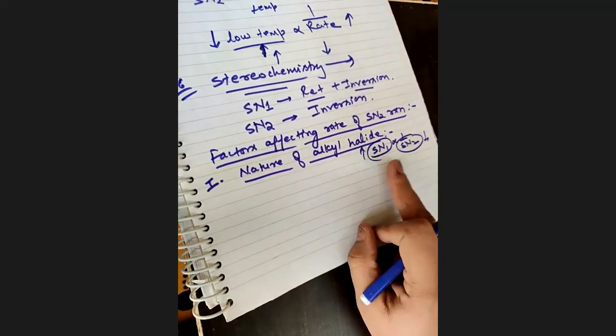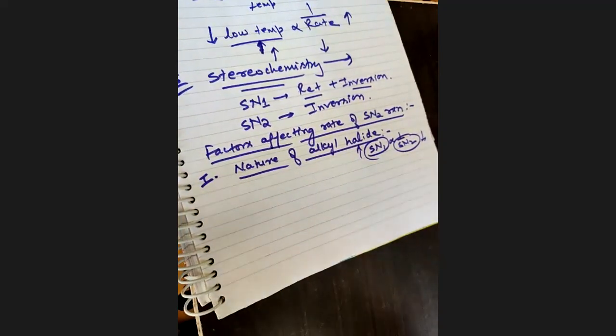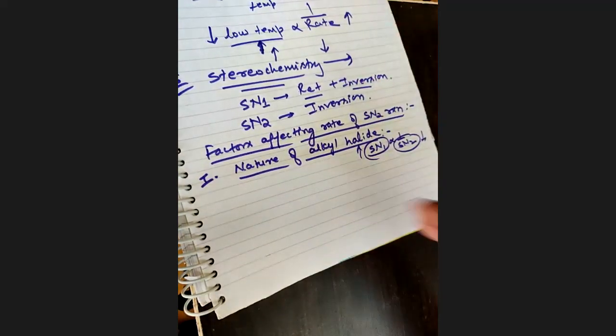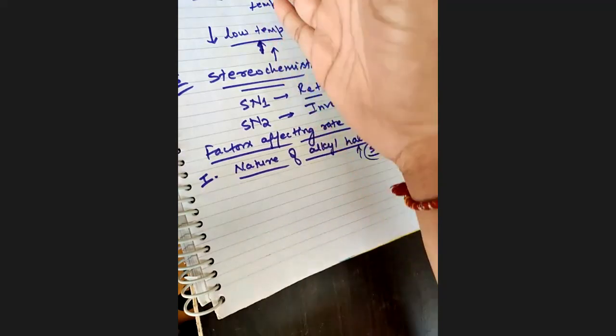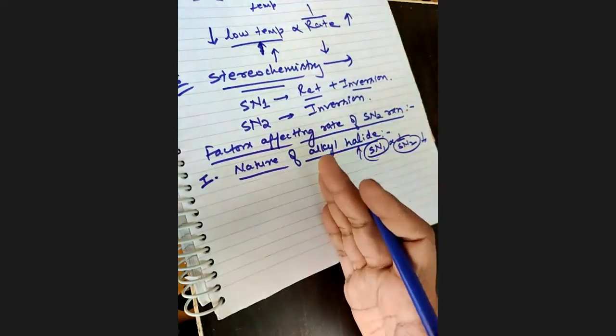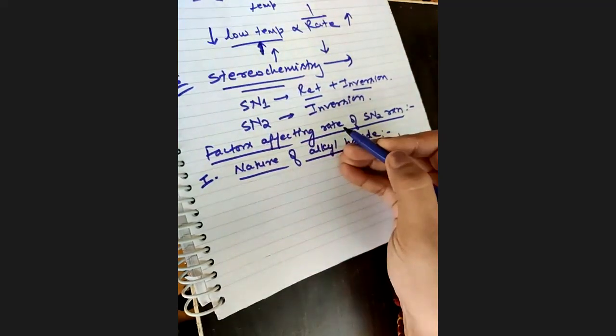Clear? So you need to understand the difference between SN1 and SN2, since you will get multiple types of questions, for example which reaction will give more SN1 or more SN2. For such questions, you will consider all the factors. First the alkyl group, then if the alkyl groups are the same, we go to the solvent. Clear?